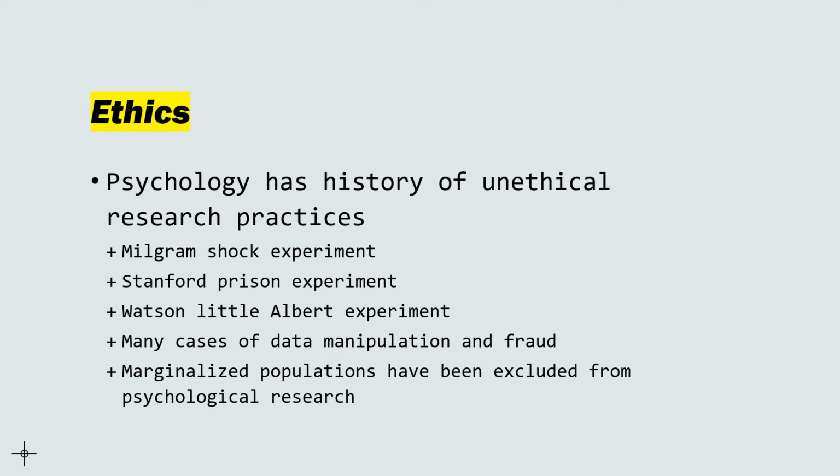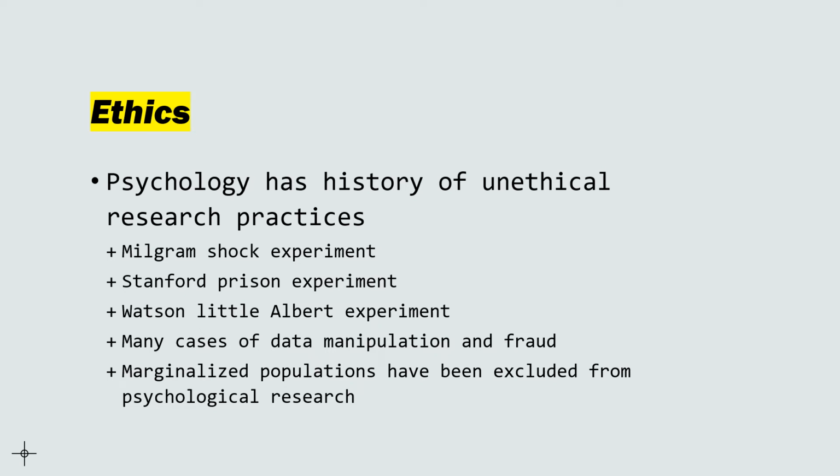So the Milgram shock experiment, I want to say that one was in the 50s or 60s. And actually this came out of trying to understand how the Holocaust happened. Why is it that there were millions of people who joined the German army and were willing to do really terrible things to people that they might not have otherwise done?